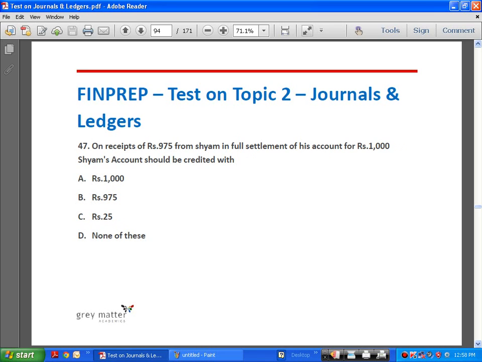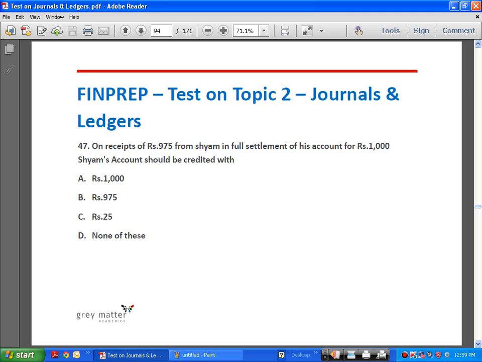Okay. 47. On receipt of 975 rupees from Shyam in full settlement of his account for 1,000 rupees, Shyam's account should be credited with what? So we have to read the question very carefully here, because it says the business has received 975 rupees from Shyam in full settlement, which means nothing is due from Shyam.